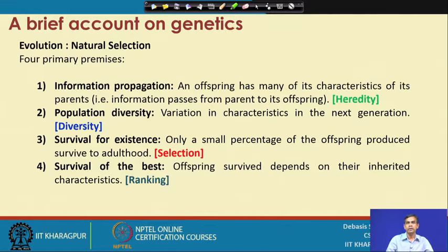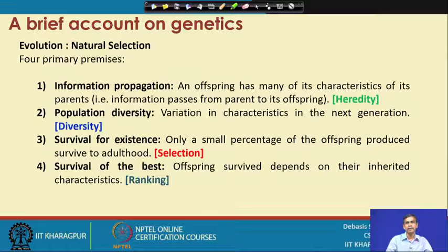According to Darwin, heredity is called information propagation. It means an offspring has many characteristics of its parent, so the characteristics from the parent pass to the offspring, meaning children. So, that is the concept of heredity, that we inherit something from our parents.